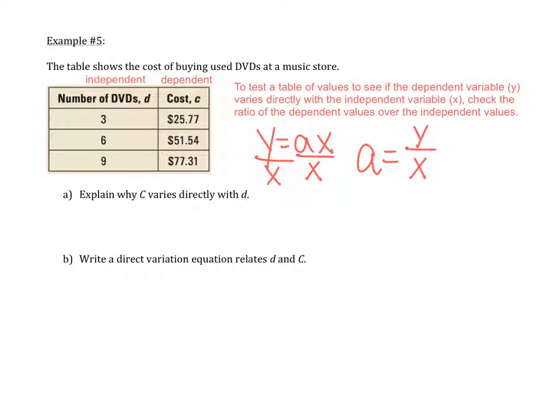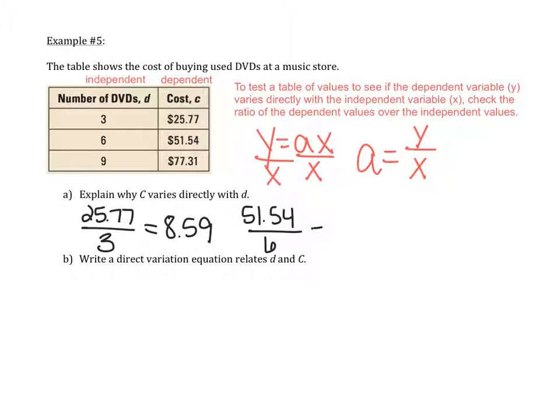If I do that, if I take 25.77 from our first set of numbers divided by 3, the independent variable, I get 8.59. If I take the next set, 51.54 divided by 6, I get 8.59.